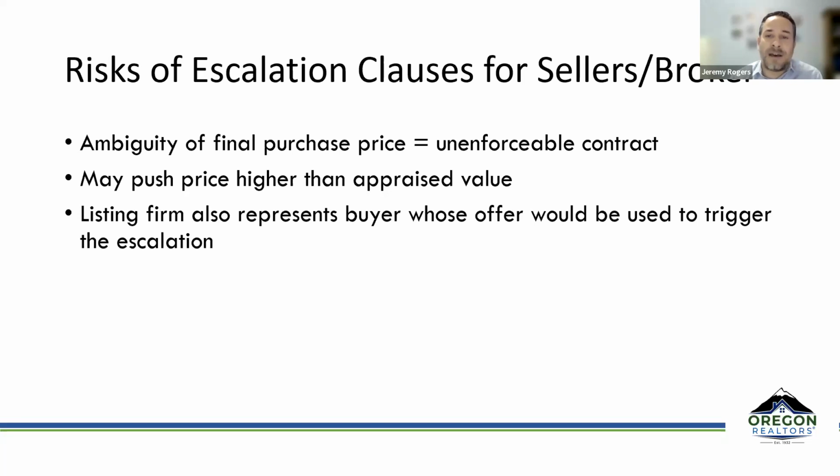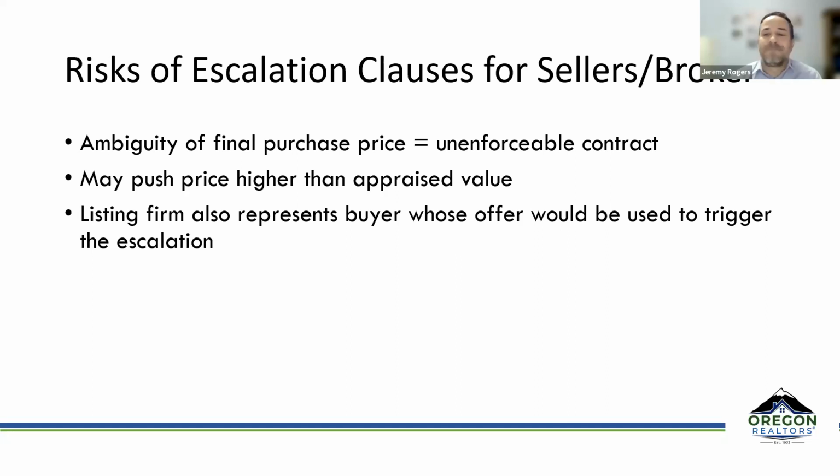And then there could be an issue where a listing firm also represents one of the buyers whose offer would be used to trigger the escalation. And that's pretty much an untenable situation. That firm really cannot be loyal to both the seller and to that buyer. I mean, their goal with the buyer they represent would be to get the buyer the house.